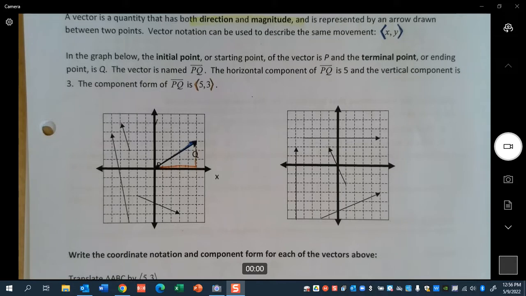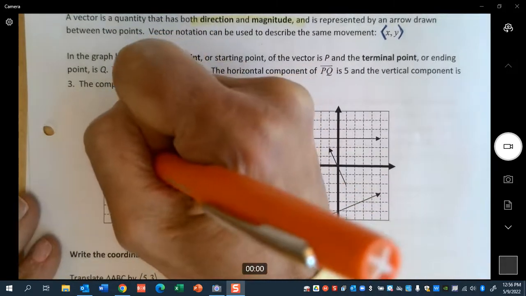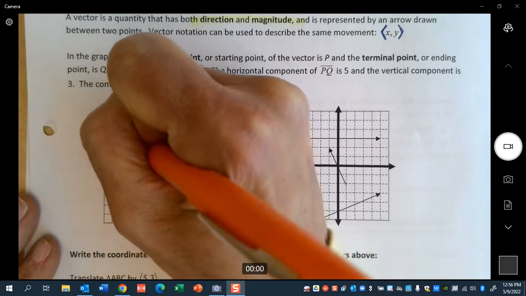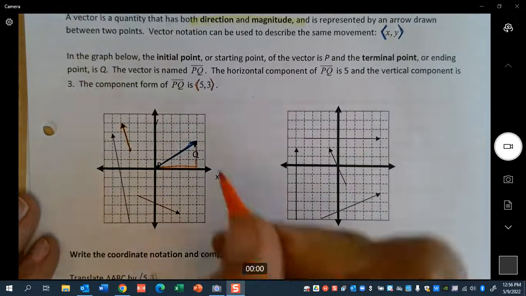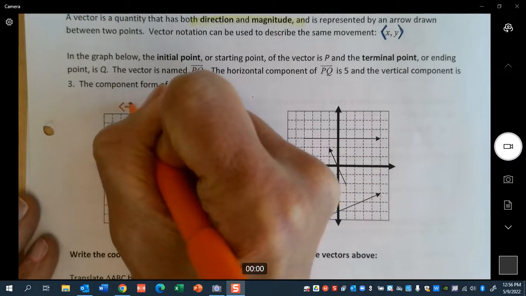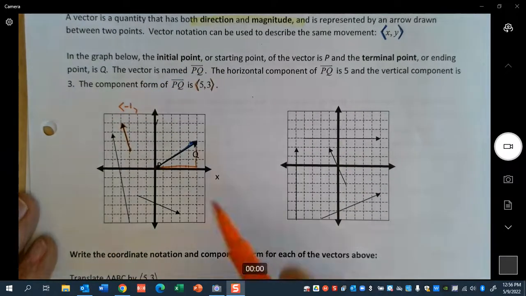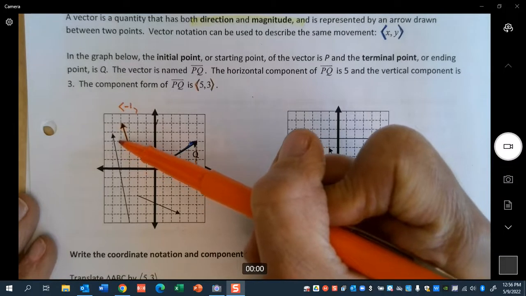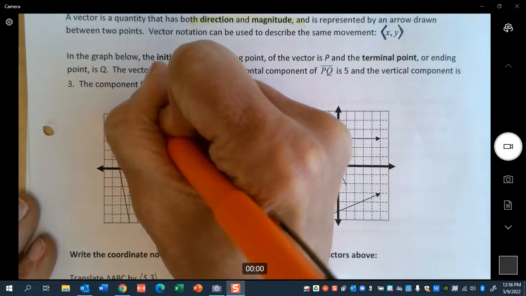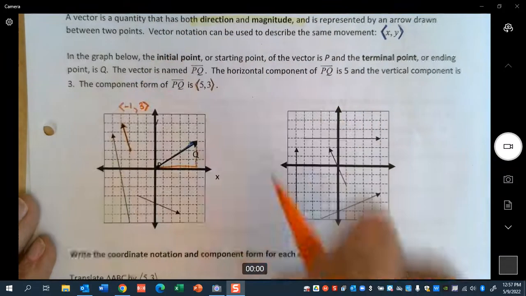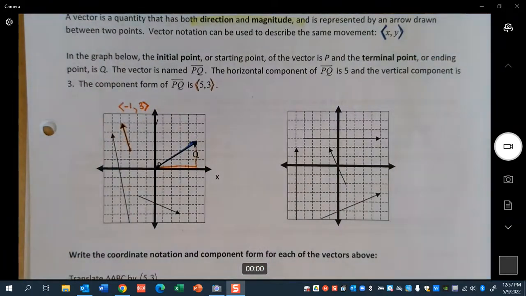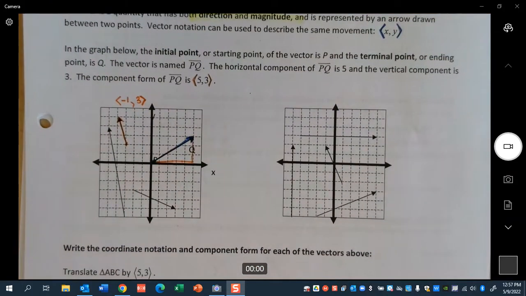So with each of these vectors, you can represent this vector here as having a -1 horizontal movement and a 1, 2, 3 vertical movement. So you're writing that in what we call component form. And you start at the tail and you go to the tip.